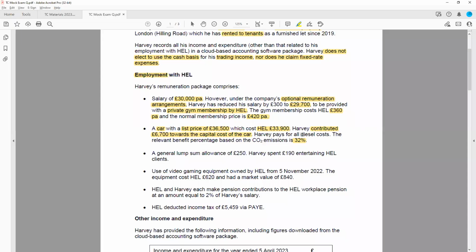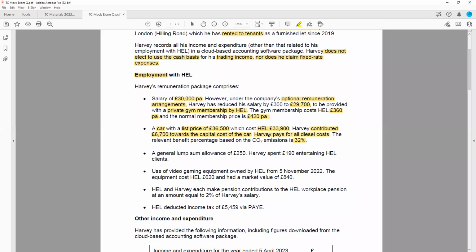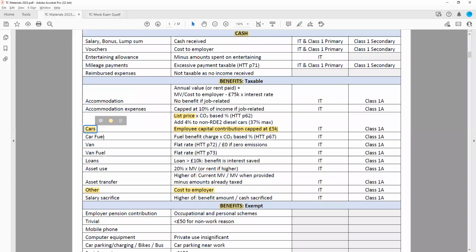So we're told that Harvey paid for all diesel costs. Now this sentence actually tells us two things. One, it tells us that whilst the employer gives Harvey the car, they don't also pay for his fuel, because Harvey pays for all fuel costs. If they paid for his fuel, that would be another benefit. So it'd be a benefit on the car and then another taxable benefit on the fuel.